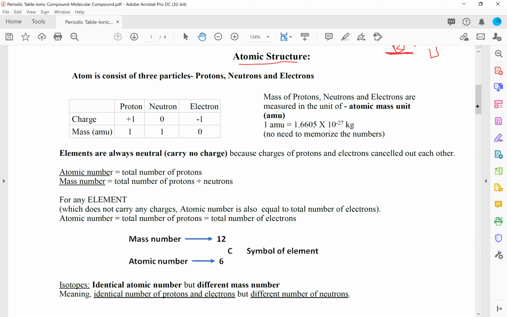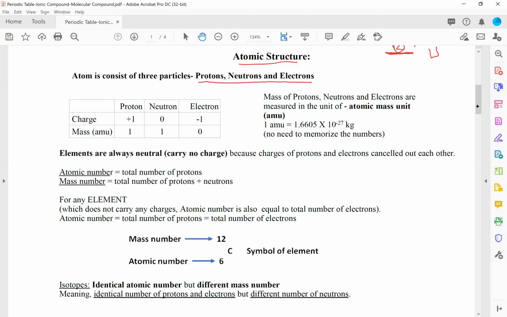And you may have heard about this. Generally, an atom is composed of three particles. What are the names of those particles? Proton, neutron, and electron. Do you guys know this? Yes. Right. So just keep in mind, an atom is composed of three particles, called proton, neutron, and electron.